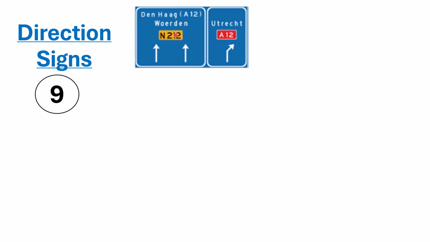And once you reach nearby these locations, the distance or direction will also be mentioned. Like when you are approaching A12, if you want to go to the A12 and Utrecht, the road will be turning right, so you will have to take this right lane.